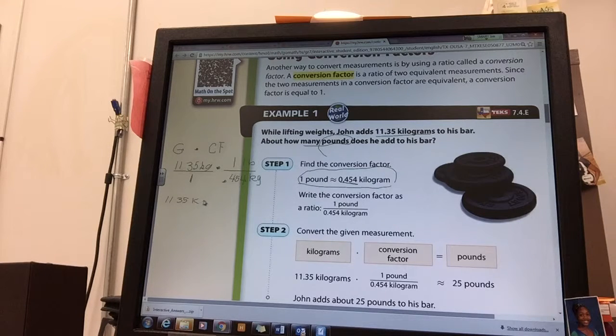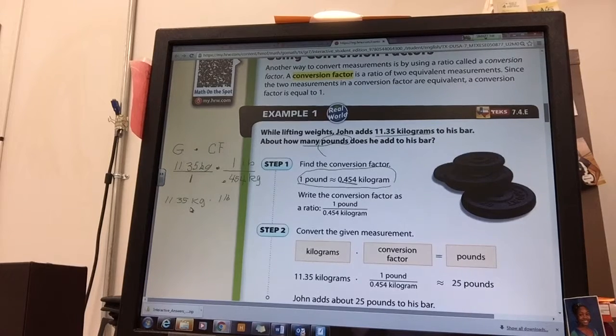Kilograms times 1 pound. And remember, our end result is to try to get pounds. And then my bottom is going to be 1, just 1 by itself, times 0.454 kilograms. Sorry about the bells.